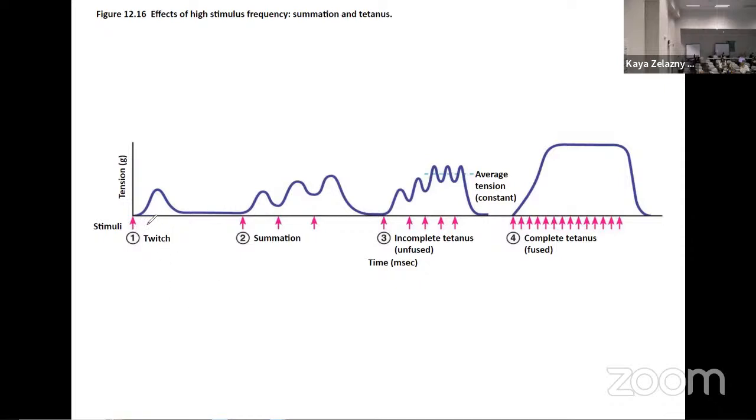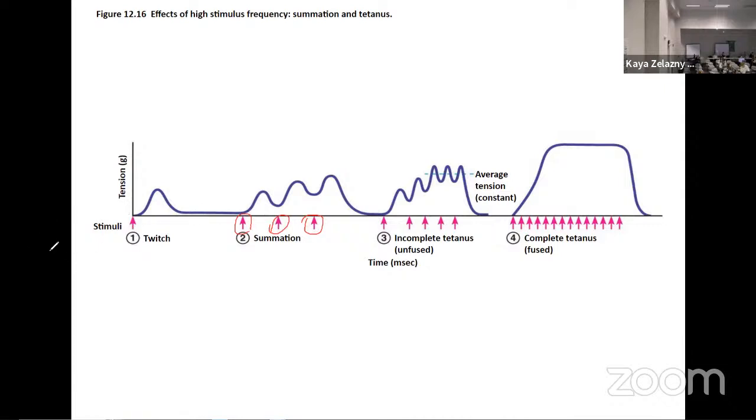If you have just one action potential and give enough time for that muscle fiber to completely relax after contracting, you go back down to 0 with your tension. Okay. However, we're often going to see that we have multiple action potentials coming in before our muscle fiber has fully relaxed. So that's this summation here.